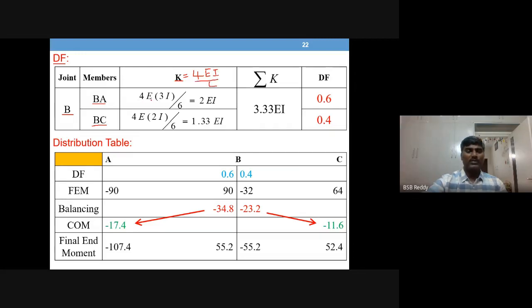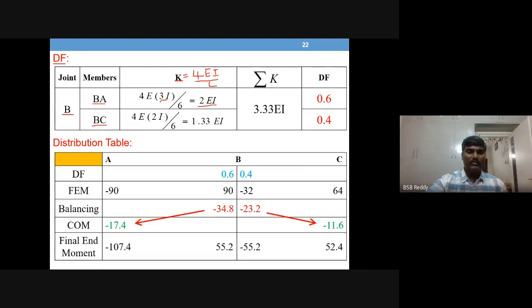So 4 times E, not given, keep it as it is, and I is given as 3I, substitute that, by L is 6. So that will be 2 times EI. Similarly for BC, 4EI by L, same formula.